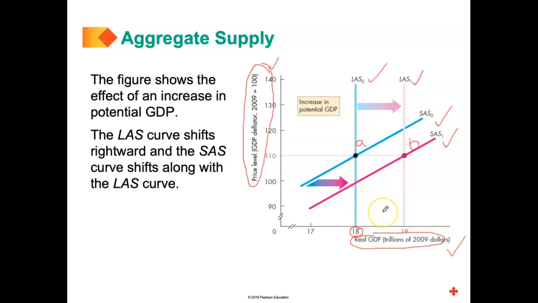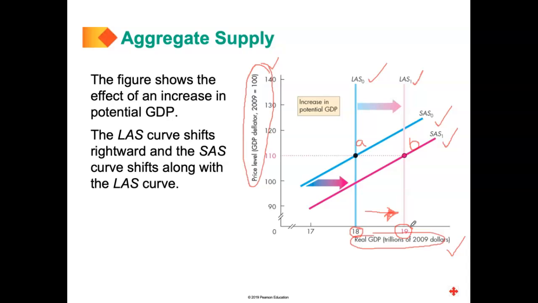Because long run aggregate supply does not depend on the price level, it's going to shift in such a way that the price level won't change, but what would change is the total amount of GDP in the country. The only thing that's changing is potential GDP, which increases from 18 to 19.